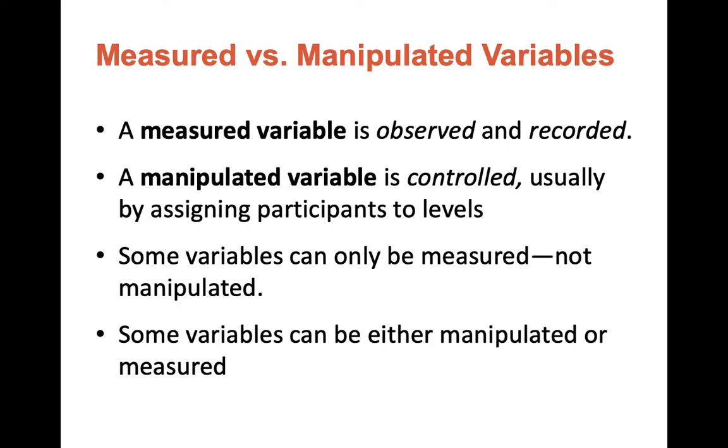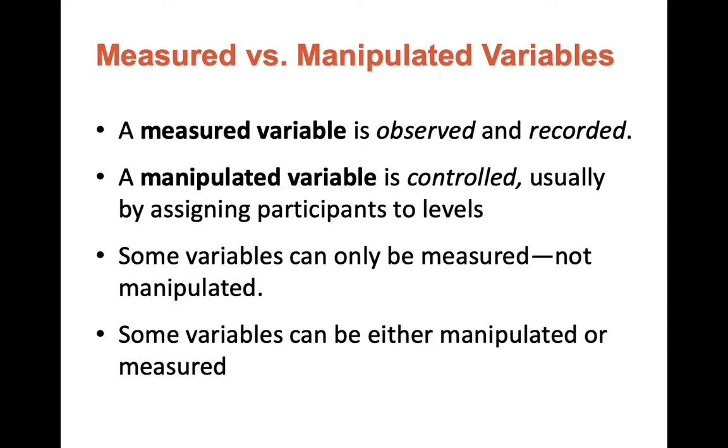And then, of course, psychologists also measure more abstract variables such as love, stress, depression. We'll talk about the difference between constructs or conceptual variables and how a variable is measured. But really, with a measured variable, you're just observing and recording the values on that variable.